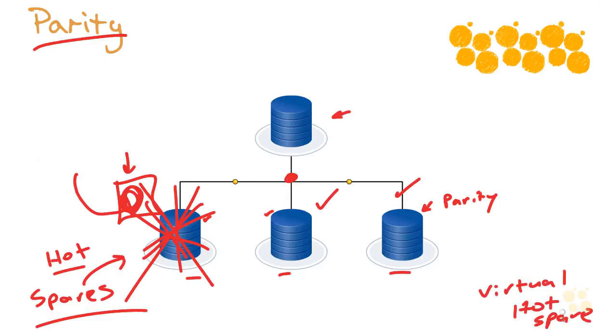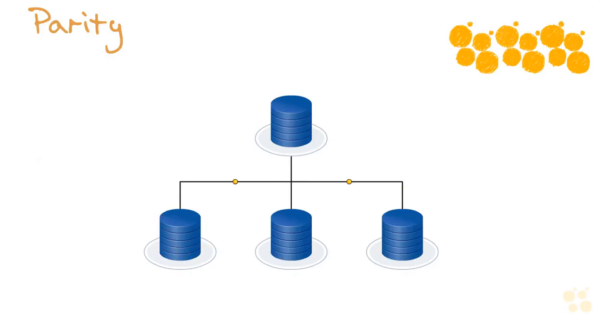Let me clear off my marks here, actually, and let me describe what this concept of virtual hot spare is all about. Imagine if you reserved a section on each of these disks, and this reserved section on each of these disks could be utilized collectively like your hot spare.